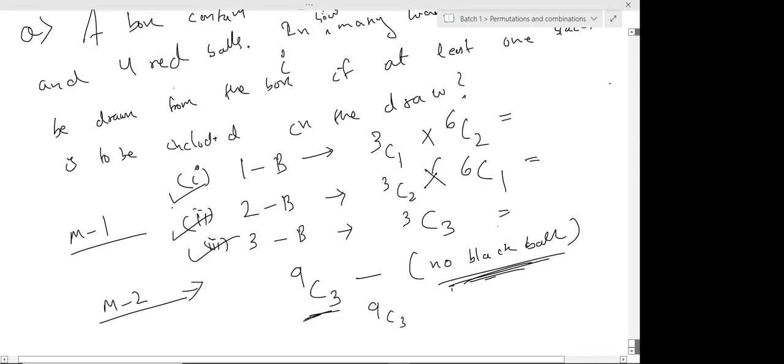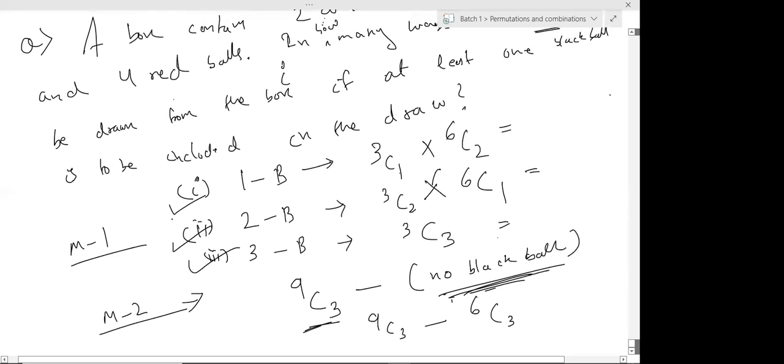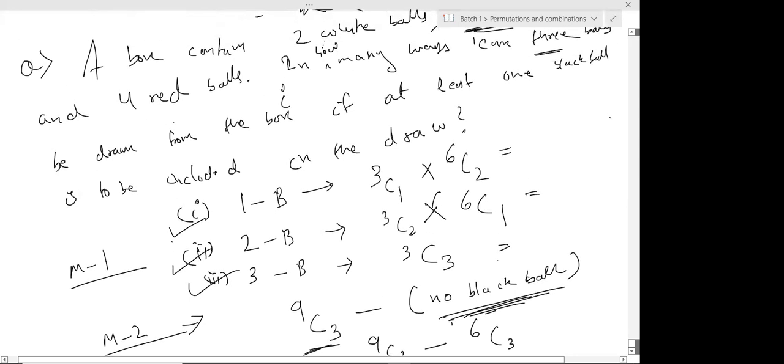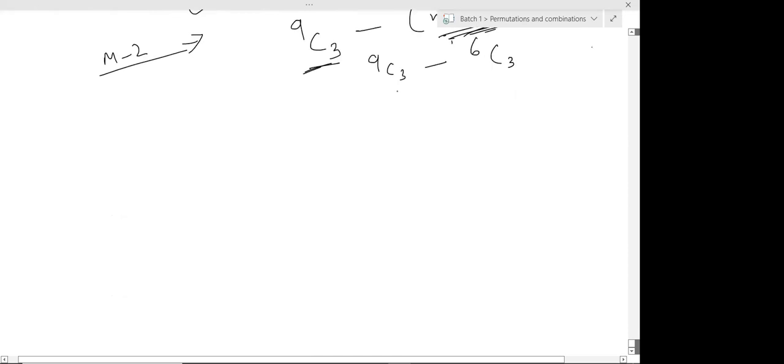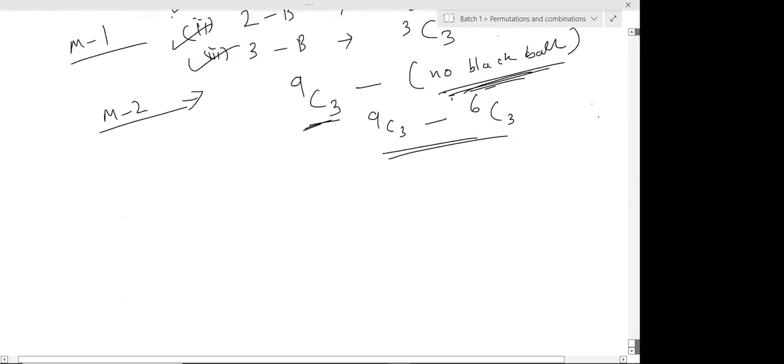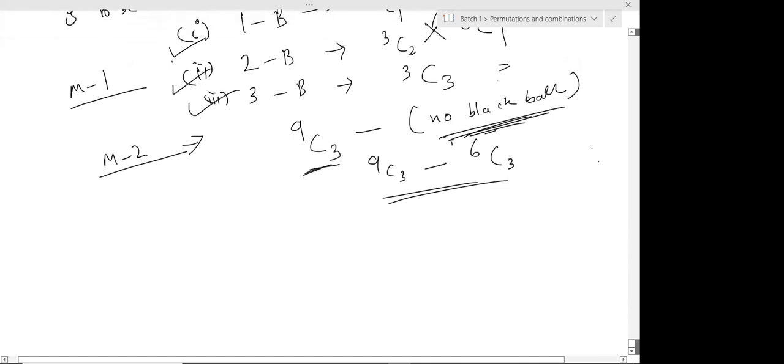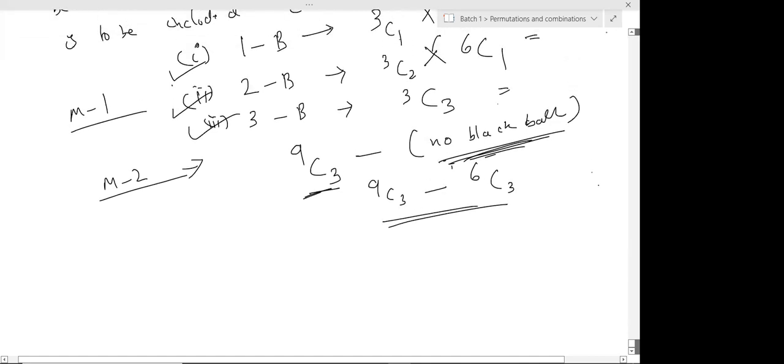So 9C3, no black ball, that means you have to choose 3 balls out of 6. 6C3. Why 6? Because 2 white and 4 red. You cannot choose any black ball. So subtract that from this. This is the same answer. All right. You can try both the methods. We'll have the same answer.